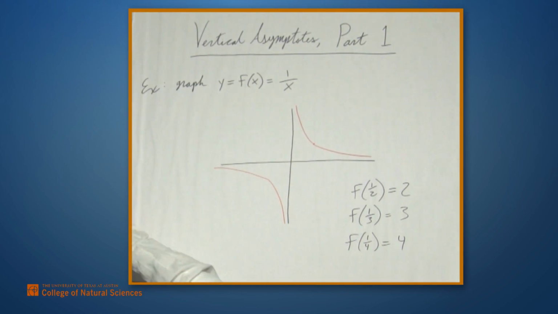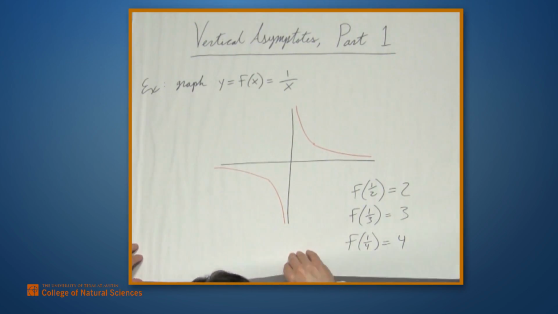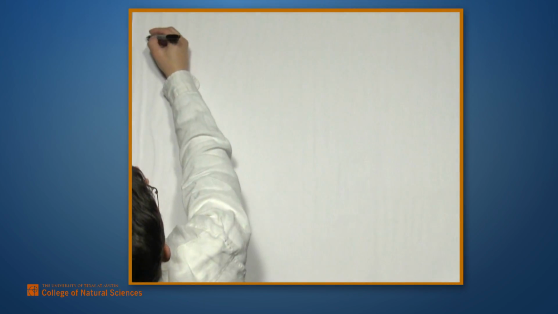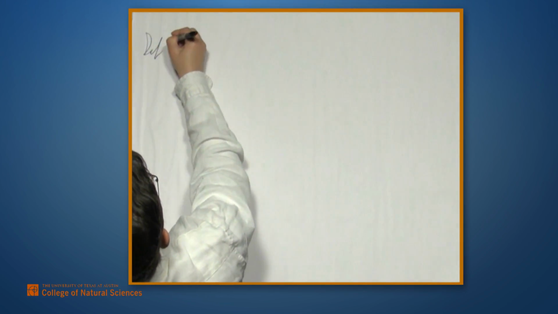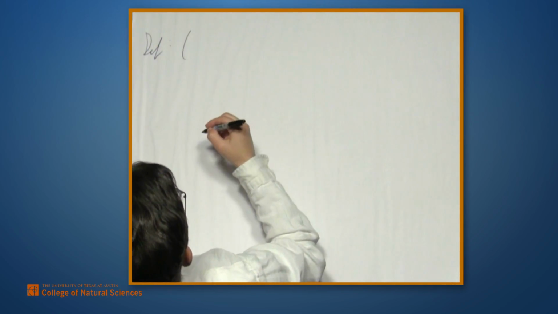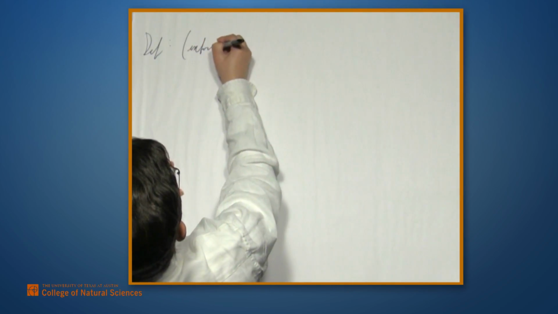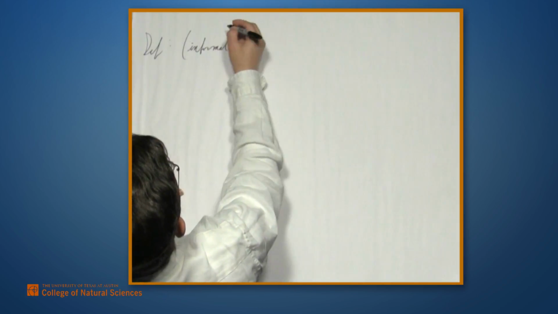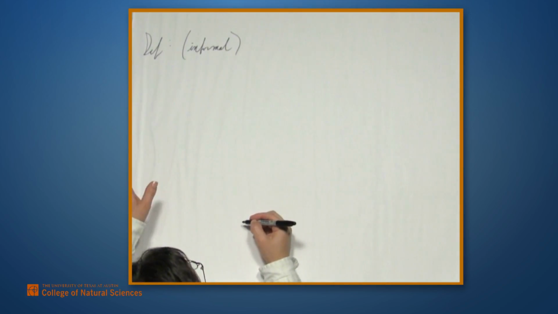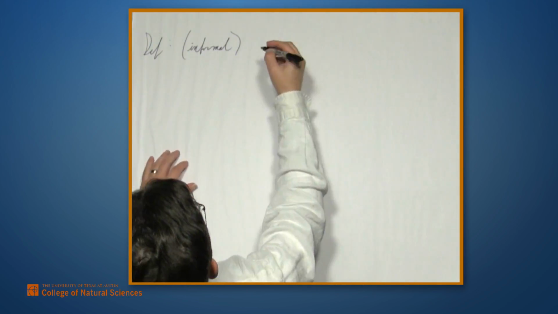So let's give that a slightly more formal definition. And actually, I say slightly more formal, but it's still informal. And this is something that can be made more formal in the context of calculus.